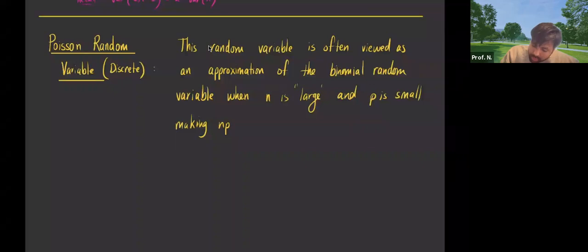So n is large, whatever that means, p is small, whatever that means, and np is moderate, which is based upon what n and p are.